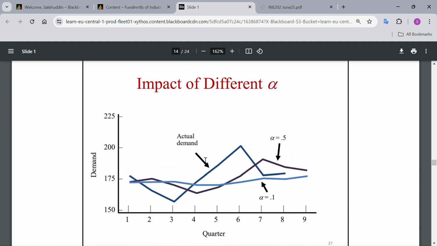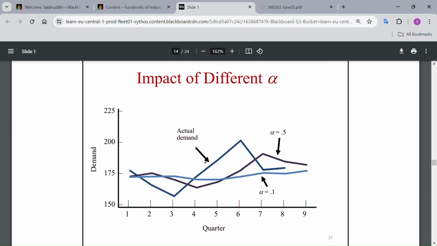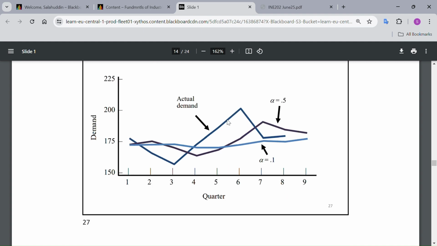So here we can see an example of the impact of different alpha values. Here this is the actual demand, and here we have alpha equals 0.5 and alpha equals 0.1. What do you notice with alpha 0.1 that's different from alpha 0.5? Do you notice that it's very stable or smooth?